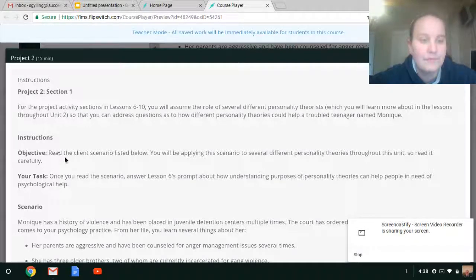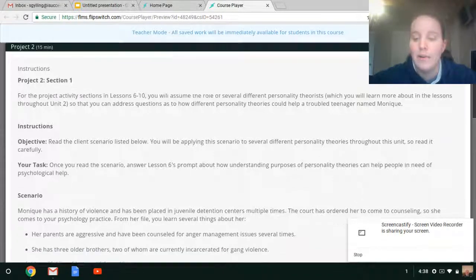The objective: read the client scenario listed below. You will be applying the scenario to several different personality theories throughout this unit, so read it carefully. Your task: once you read the scenario, answer Lesson 6 prompts about how understanding purposes of personality theories can help people in need of psychological help.